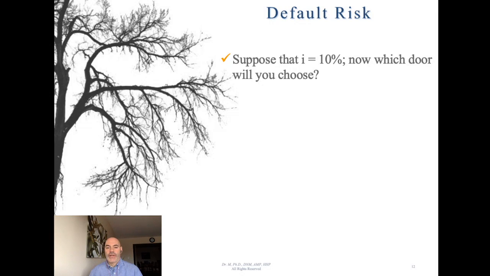Now, when interest rate is going to fall to 10%, you first have to calculate the present value of door number two. And as it was implied from the previous presentation, $100 is going to be the answer to this question because door number two gives you this amount right now.